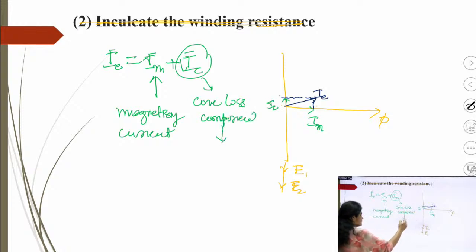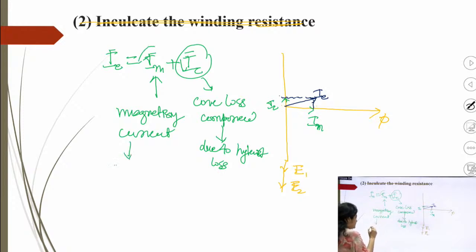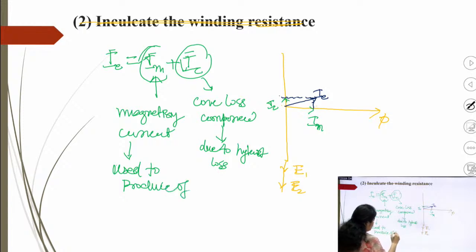So, this is the loss, this is due to the hysteresis loss, right. And so, this current is responsible to produce the flux, only that much amount of current is used to produce the flux, that is called the magnetizing current, right.